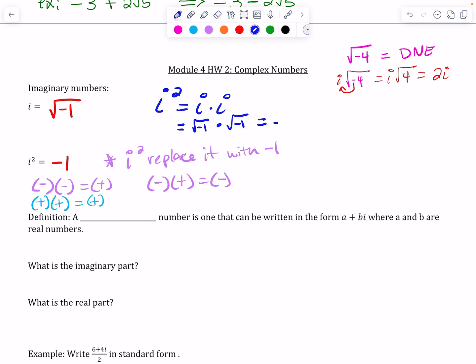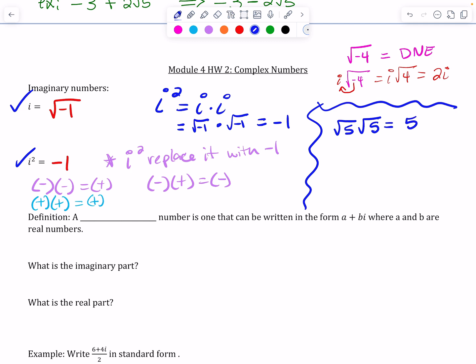So this is going to equal negative 1, which is the same thing that we have right here with our I squared. So this is just a little refresher. In the last section, we talked about anytime you multiply a radical by itself, square root of 5 times the square root of 5, it equals 5. Or the square root of x times the square root of x, that's going to equal x. Okay?